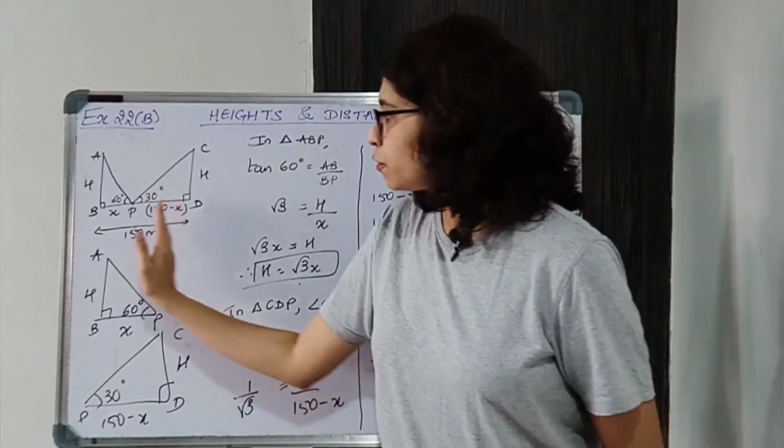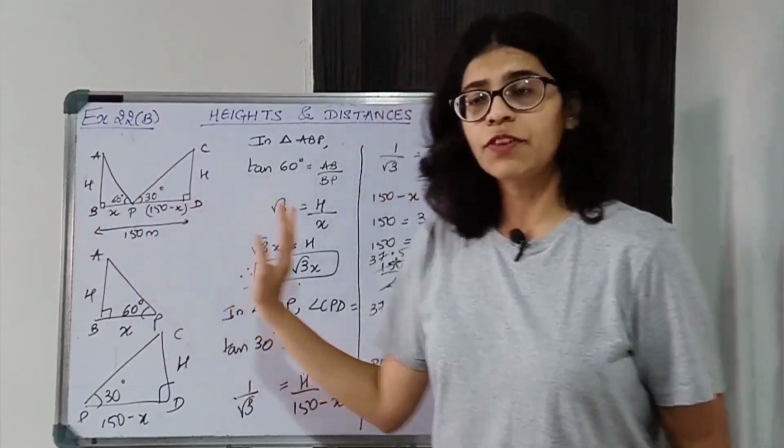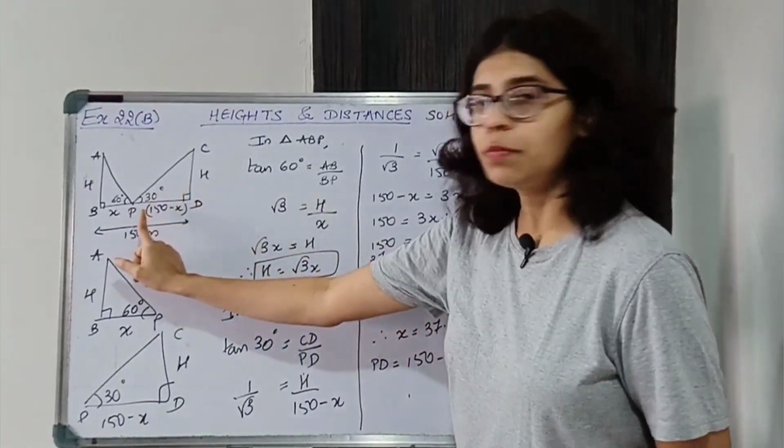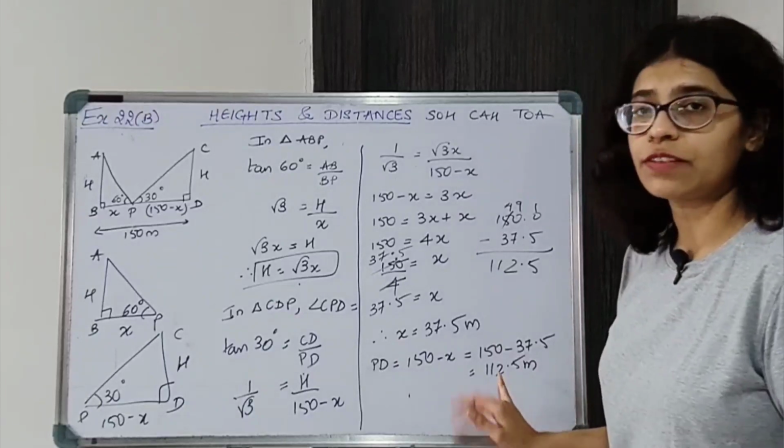So the position of the point from both the pillars we found, एक pillar से it is 37.5 and from the other pillar CD we are getting 112.5. So we found the position.